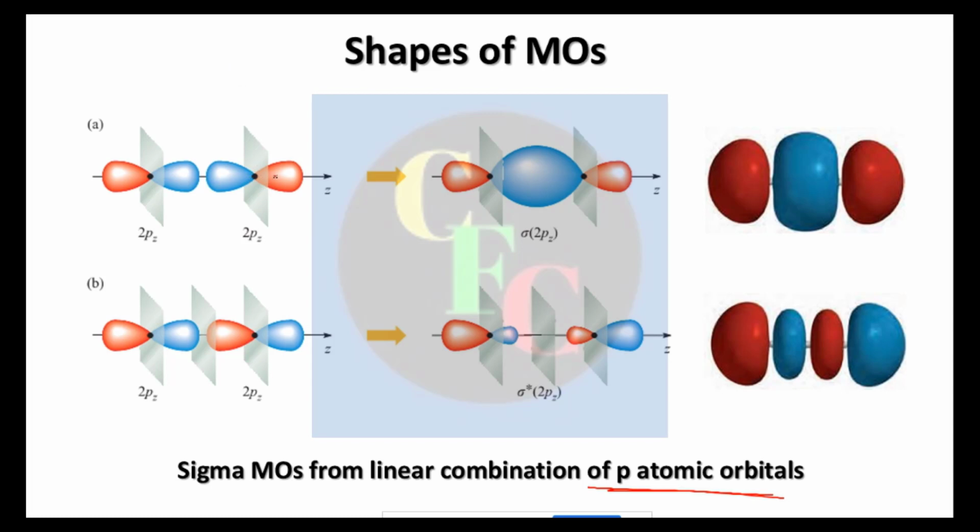When it crosses the node, it changes its sign. Suppose now both the p orbitals that are combining have the same phase and they combine like this, right? Constructively, then the shape would be this way.